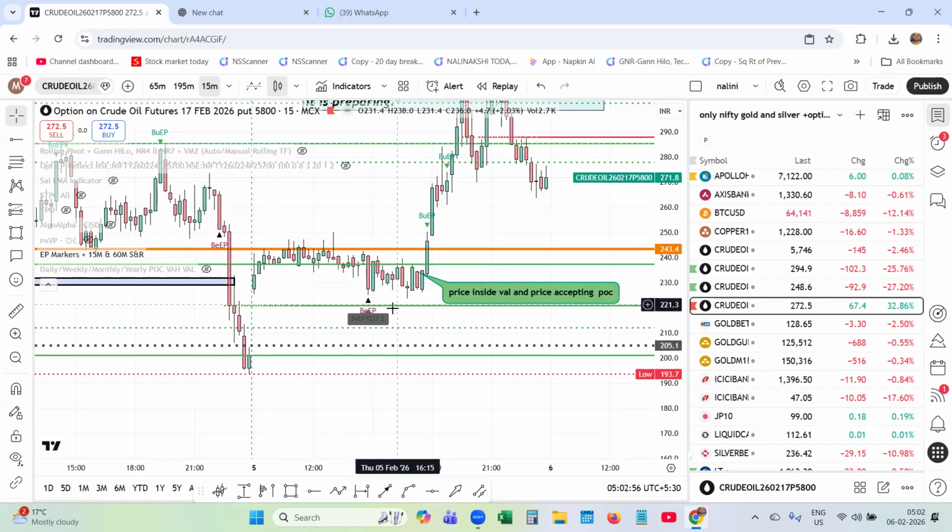Price started rotating over here, not building any constant price, not falling below this. You can see price start rotating. A green candle and same area, same price level, price is rotating.